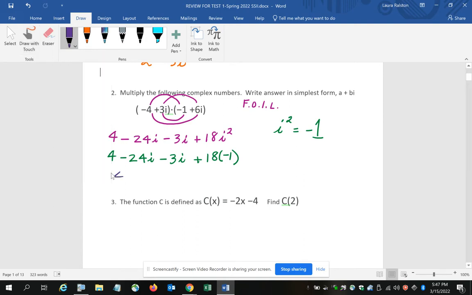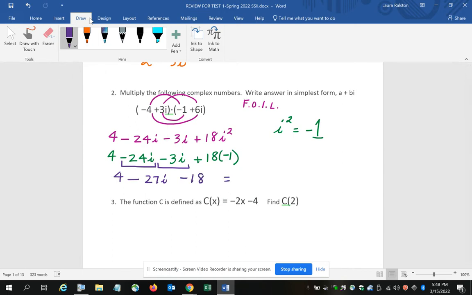I have 4. I'm going to combine my like terms here. Negative 24i minus 3i would give me negative 27i, plus 18 times negative 1 is minus 18.